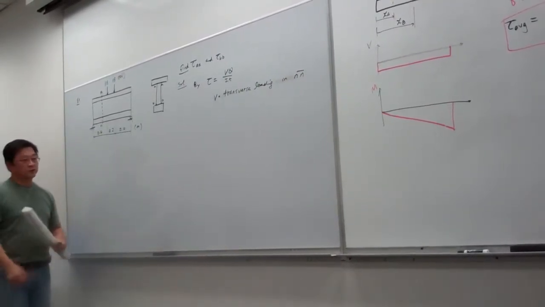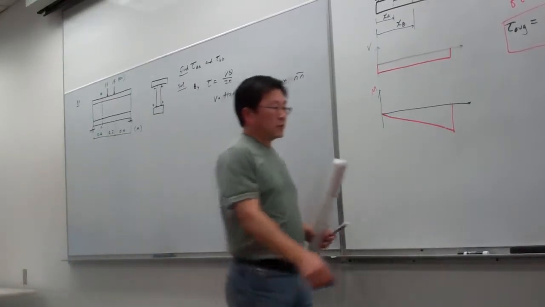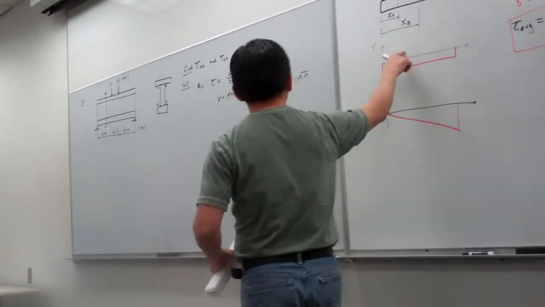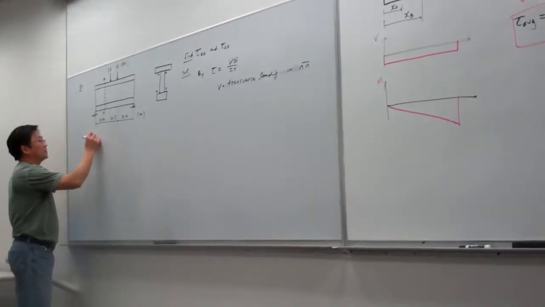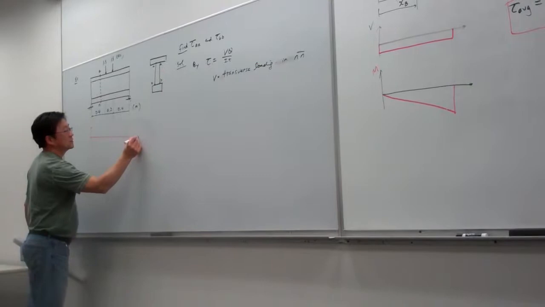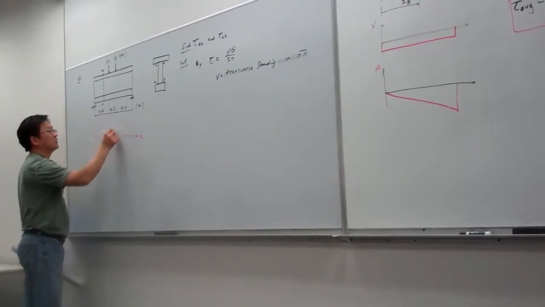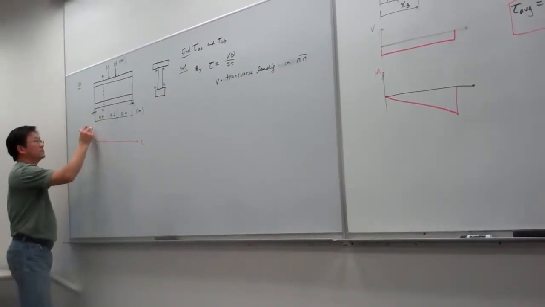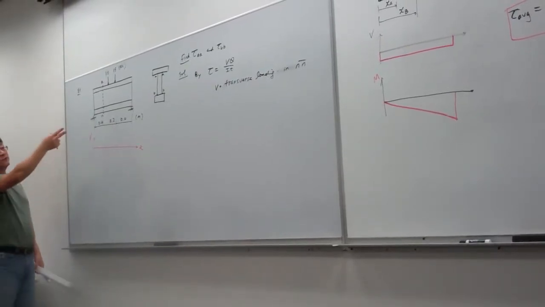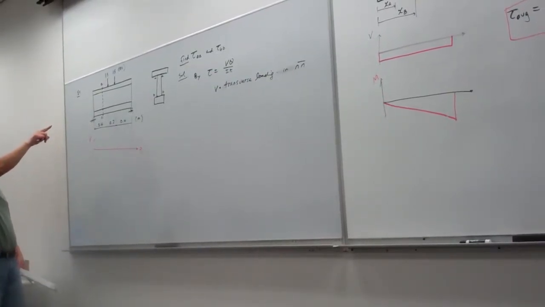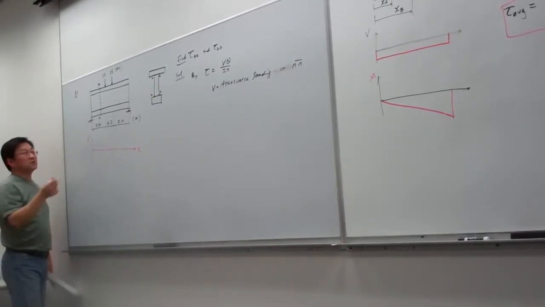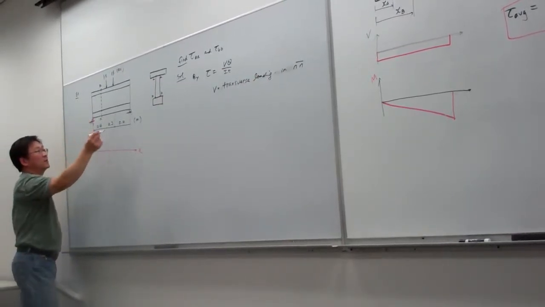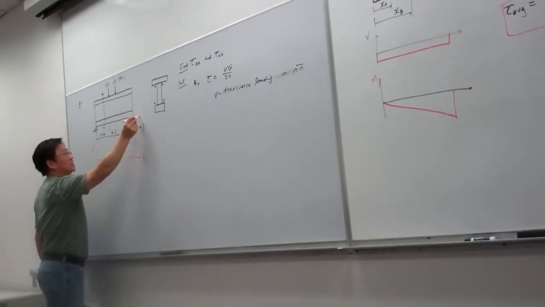So the quickest way to do this is we can draw a shear diagram. To draw the shear diagram, this is X, and this is V. And if you look at this one, the loading on this structure is symmetric. As long as this is symmetric, we can quickly determine the forces here must be equal.